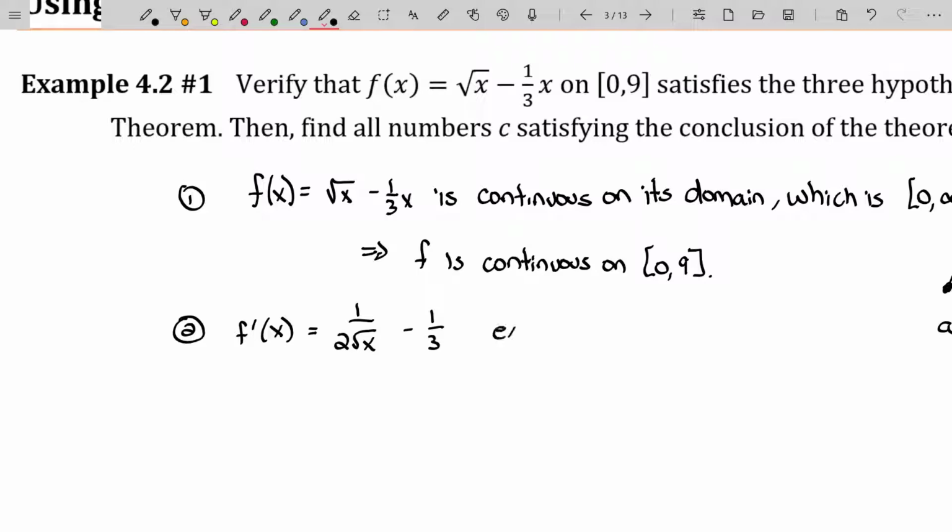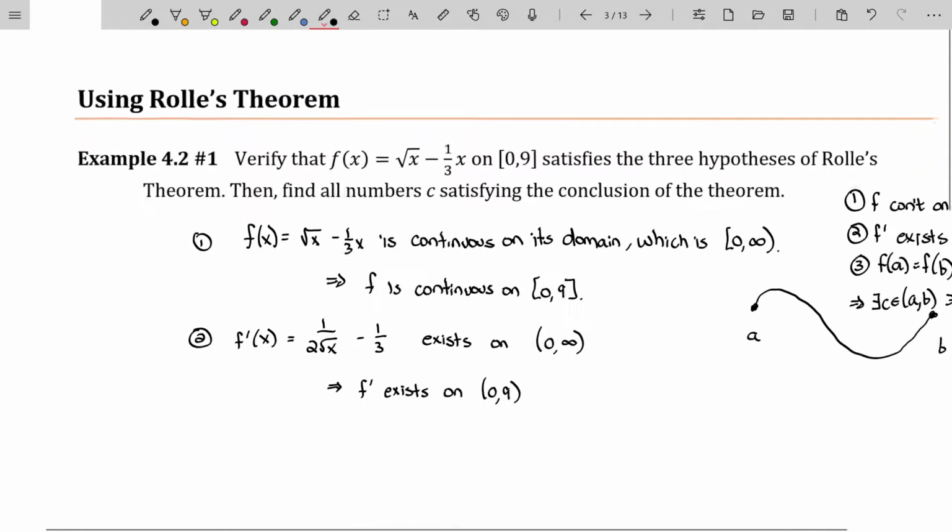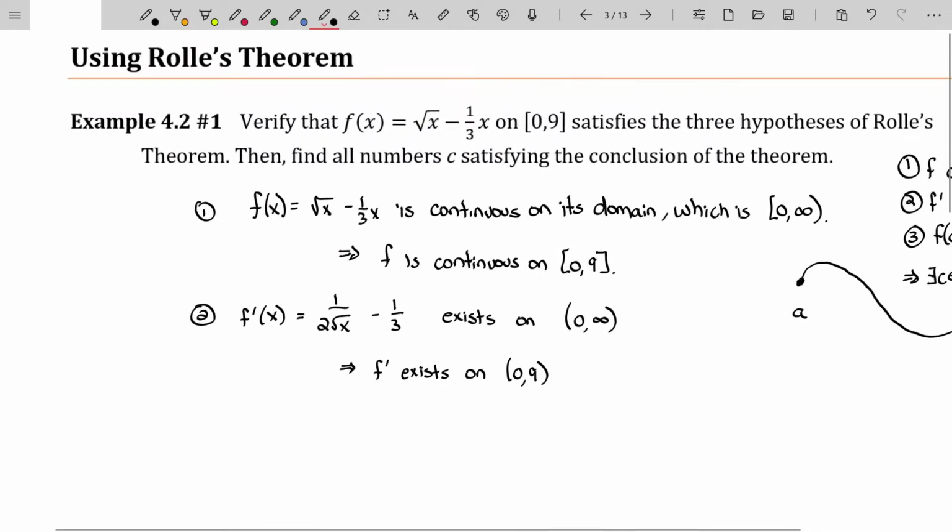And that, you can see, exists on the open interval 0 to infinity, because you can't include 0, since you'd be dividing by 0. So this implies f prime exists on the open interval 0 to 9. That's very specific because I need it to use Rolle's theorem. I need it to be differentiable on the open interval.